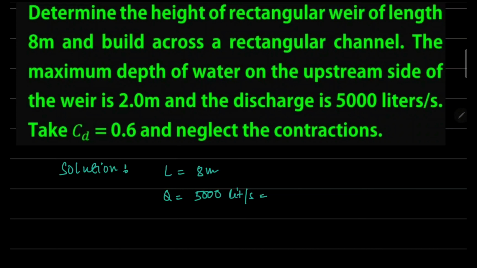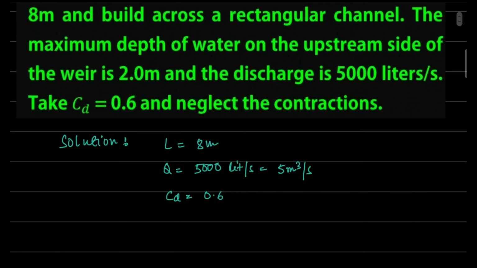So we can say this is 5 cubic meter per second, and the CD value given to us is 0.6. The value given to us is the maximum depth of water on the upstream side of the weir. Let's say this value is h1, and this h1 is 2 meter.